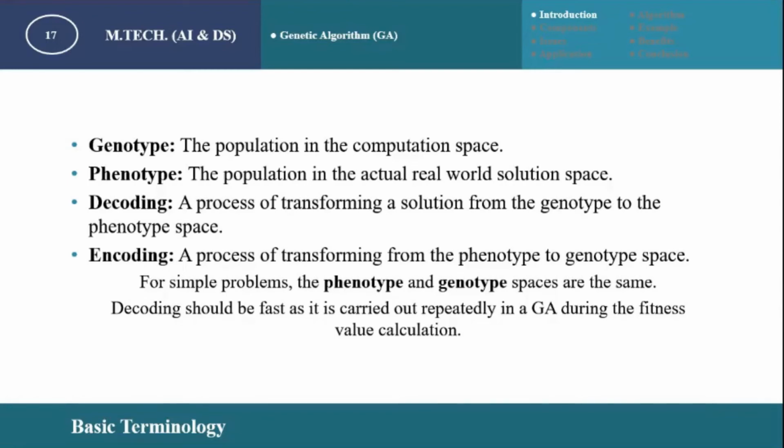You should not go for too complex a genotype, although in some cases you have to, because the problem is so complex that you have to represent all the parameters in the genotype. The conversion of genotype to phenotype should be very fast and easy, because the GA has to repeatedly do this decoding whenever it calculates the fitness value of a particular solution.